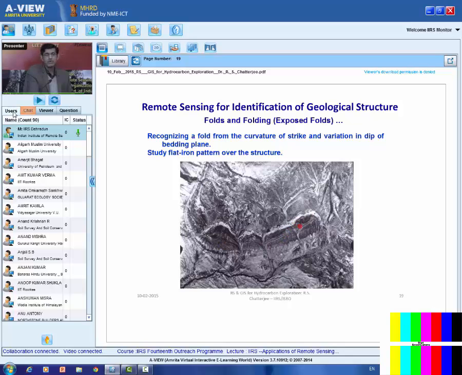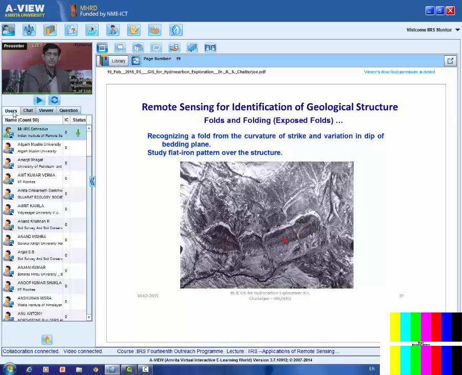And for the geometry of the fold, you need to know how the strike is varying and how the dip of the folded layer is varying. For that we need the help of the flat iron. The flat iron tells about the direction of dip, as well as, relatively or qualitatively, the magnitude, whether it is steeply dipping, moderately dipping, or shallow dipping beds.